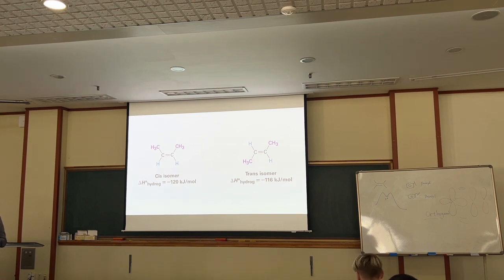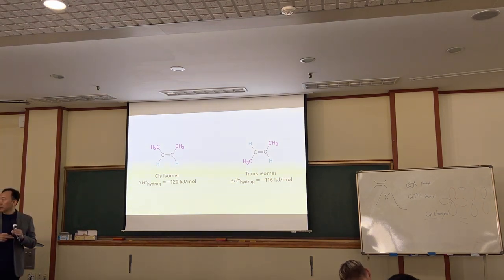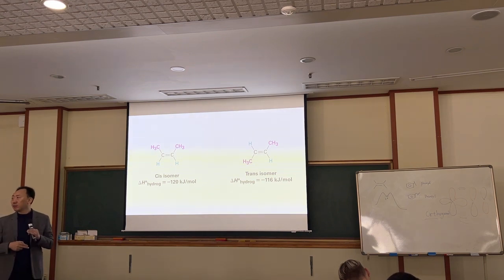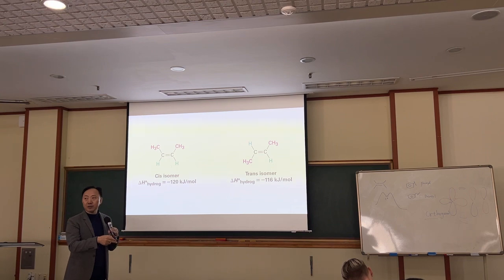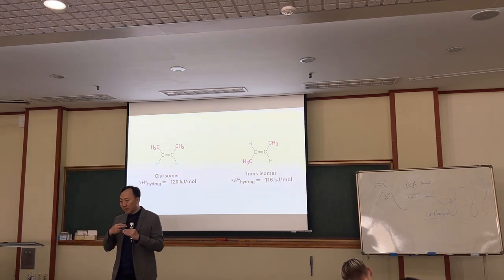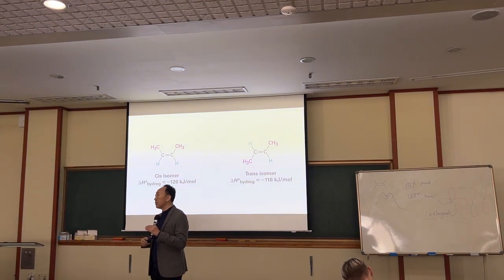Which molecule is more energetic? Cis has more energy, that's why it gave more released energy. Right? So more energetic means it's more unstable. Okay, trans is more stable. So more energetic, more unstable. Less energetic means it's more stable.